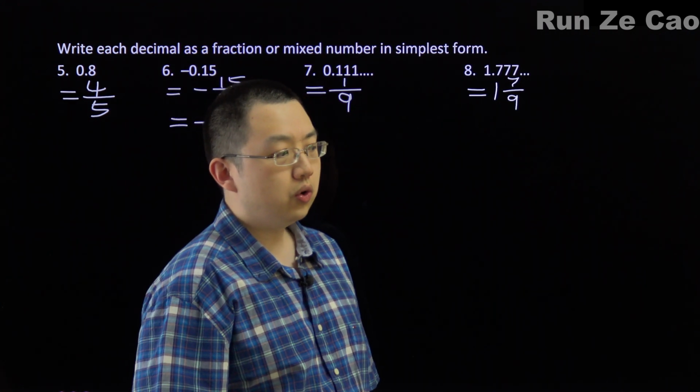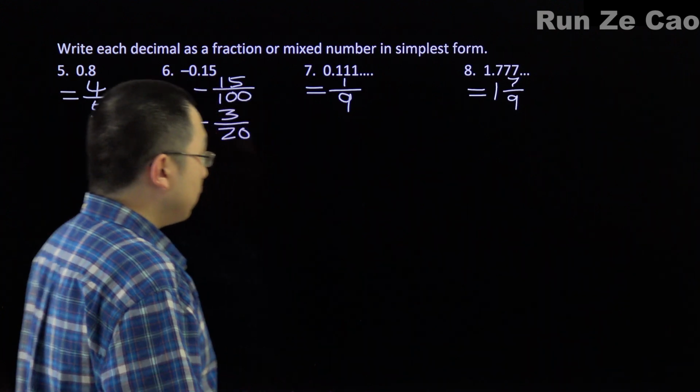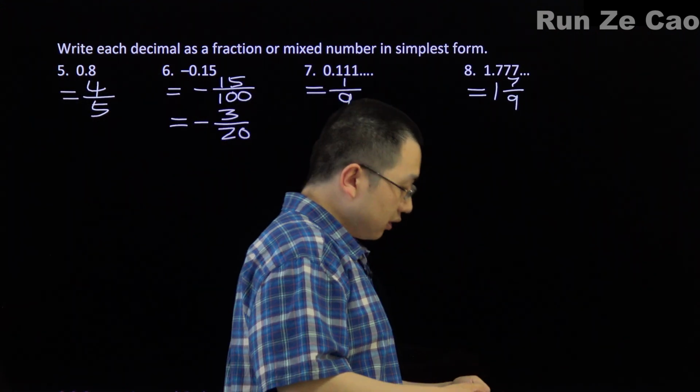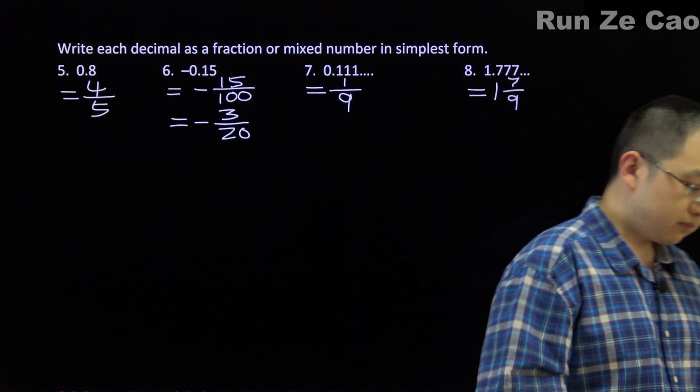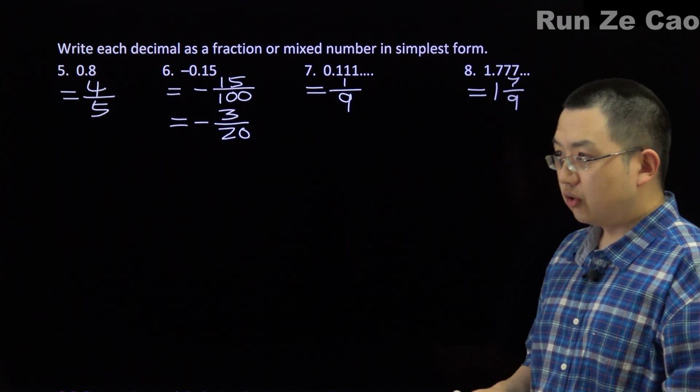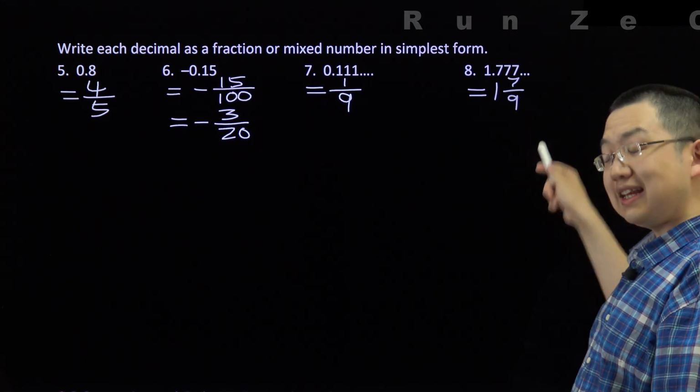So, what do you think happens when the repeating unit is, say, 2 digits? Well, if it's 2 digits, you can use a denominator of 99.